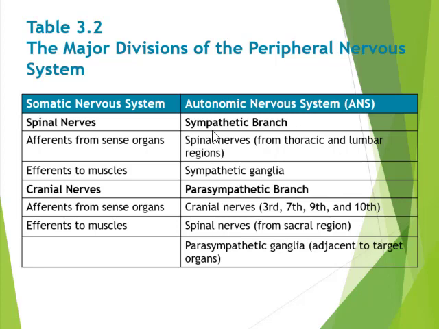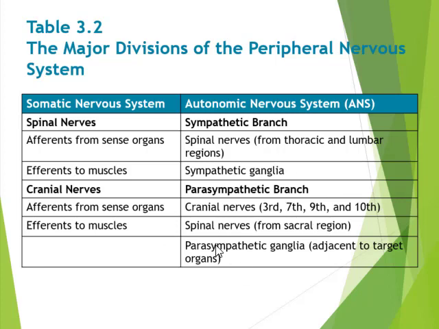And in terms of fight or flight mode, the sympathetic branch includes spinal nerves from the chest and lower body regions and sympathetic ganglia that have the effect of sort of preparing us for immediate action.